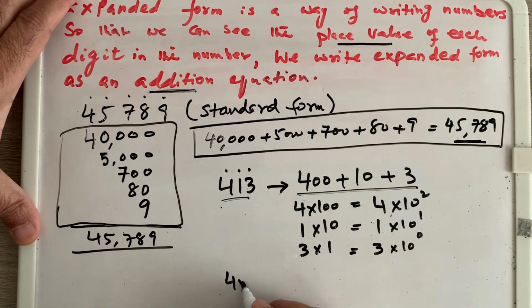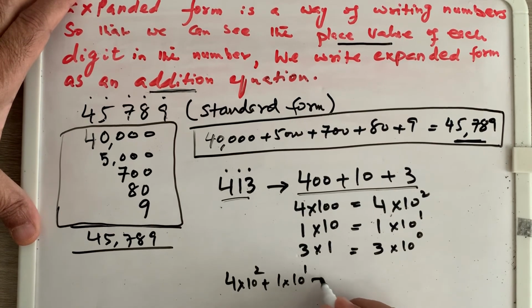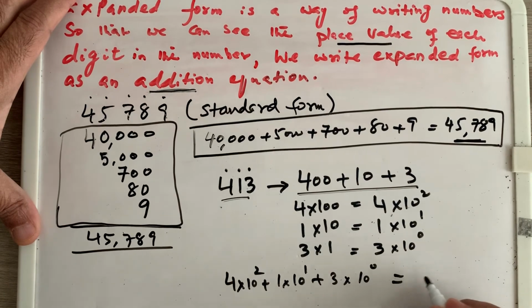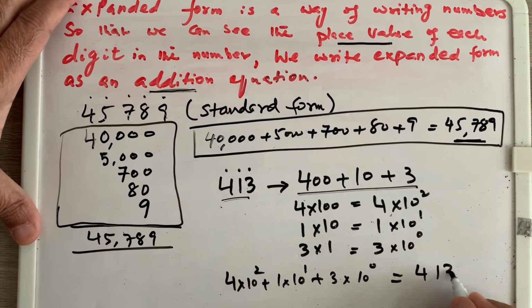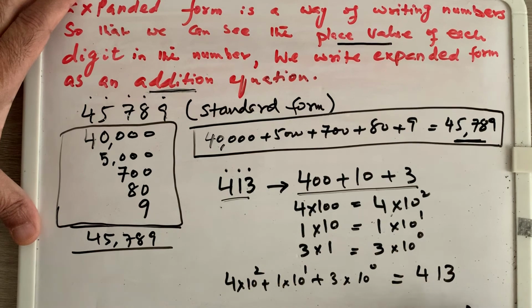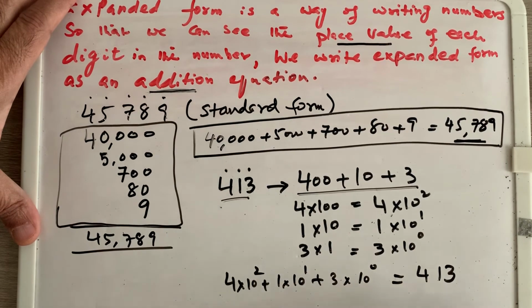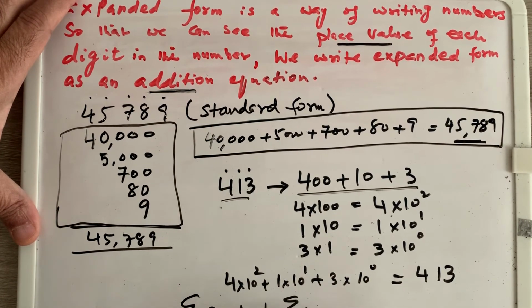I will write it 4 into 10 to the power 2 plus 1 into 10 to the power 1 plus 3 into 10 to the power 0 equals the same thing, which is 413, my standard form. So I break this 413 into expanded form and into expanded exponential form. This is called expanded exponential form.